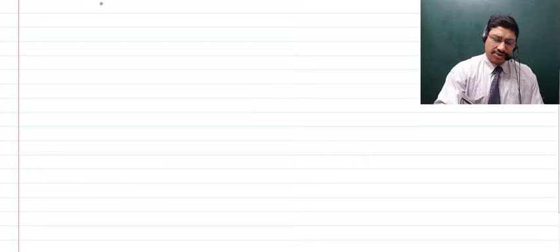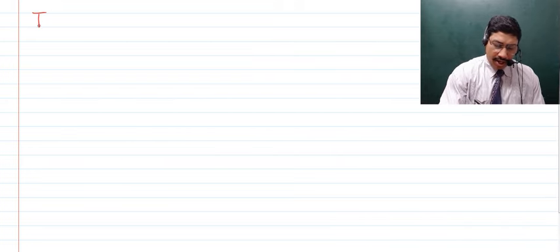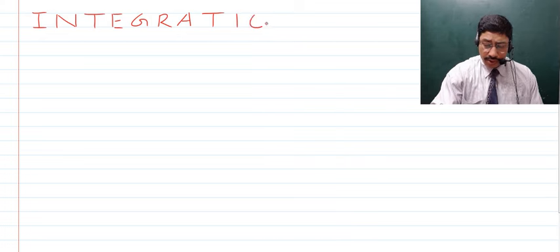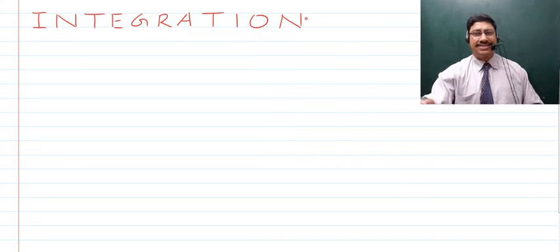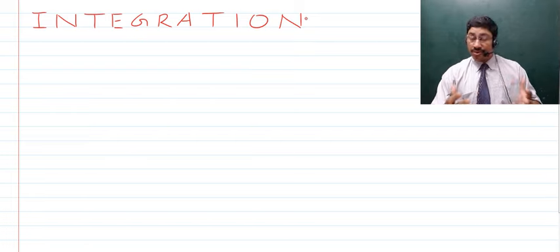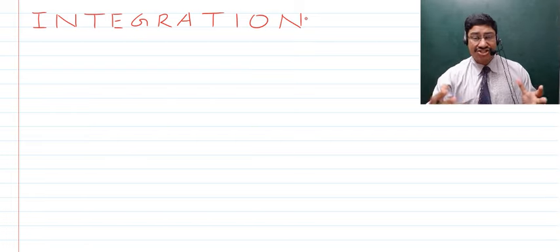So always remember, children, that whenever we are talking about integration, I'm sure you will very easily be able to tell me the literal meaning of this word. Yes, Nida. It is to bring together. Very good. That is the reason why we have national integration program.